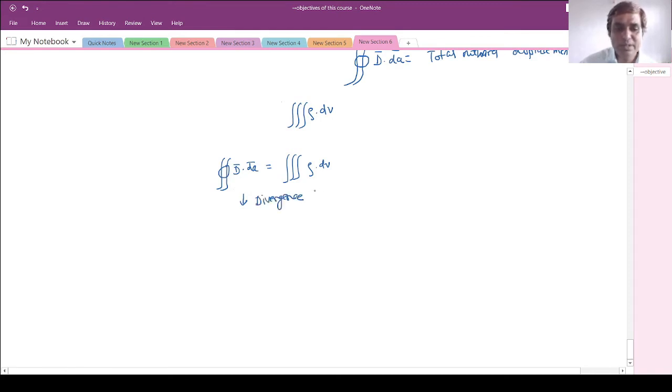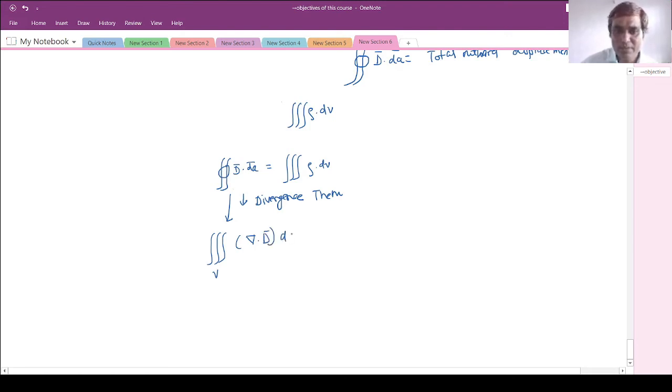to convert the surface integral to a volume integral, and that can be written as the volume integral, and that has to be represented with the divergence, and divergence is nothing but the dot product between the gradient and D bar.